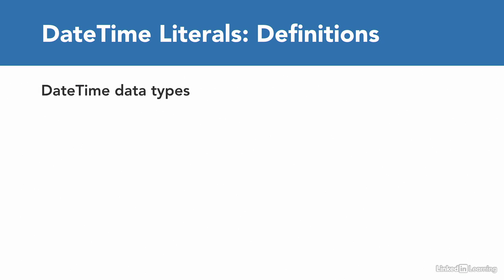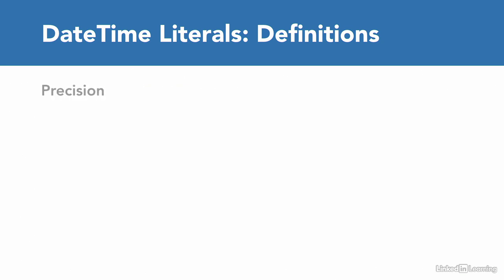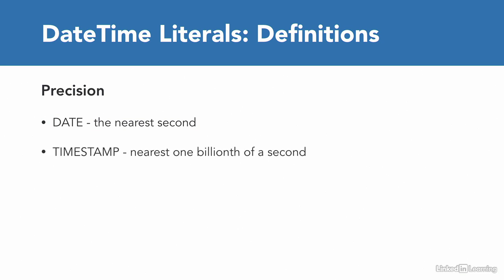The four date-time data types are date, timestamp, timestamp with time zone, and timestamp with local time zone. The biggest difference between date columns and timestamp columns is that the date values are stored with a precision to the nearest second, whereas all of the timestamp data types can store date-time values to the nearest billionth of a second, optionally with a time zone offset.